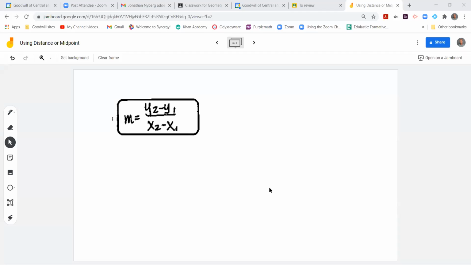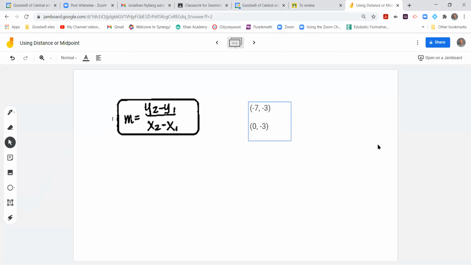So on that particular problem here, we got 2 points. One of them is -7, -3. The other point is 0, -3.